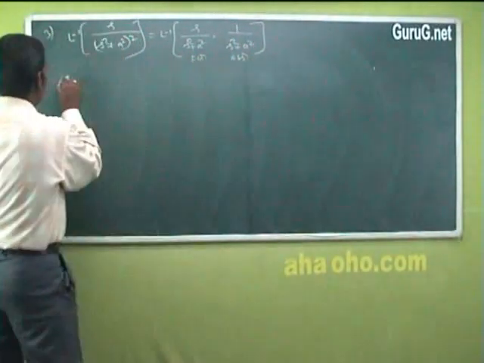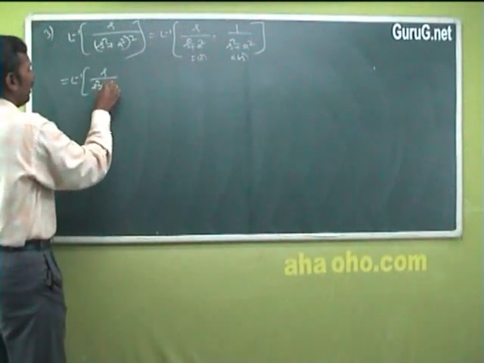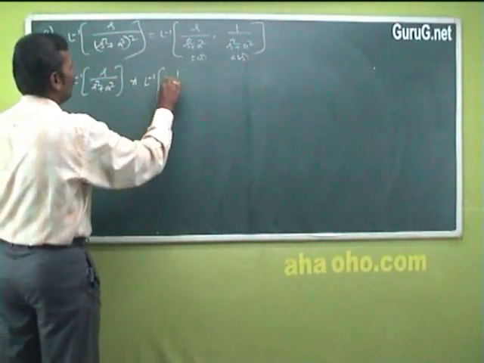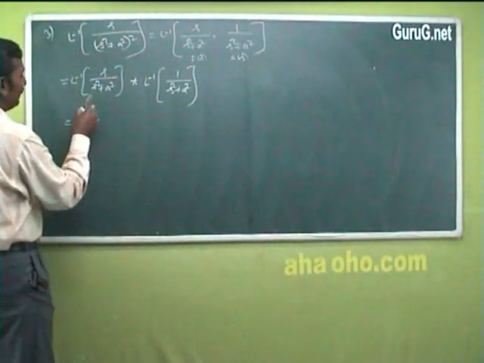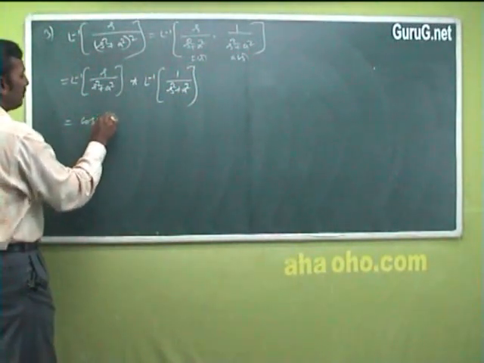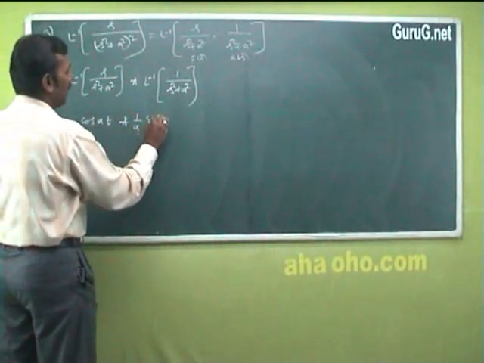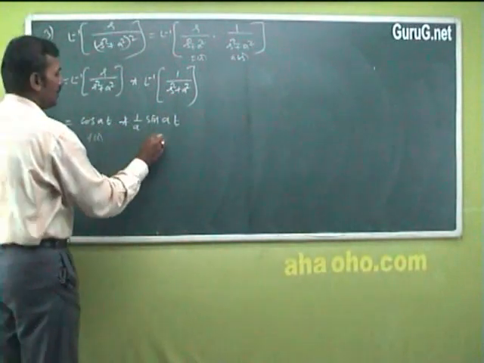So L inverse is L inverse of s by s squared plus a squared star L inverse of 1 by s squared plus a squared. What will be the formula? Here cos at star 1 by a sin at. Right? So this is f of t and this is g of t.